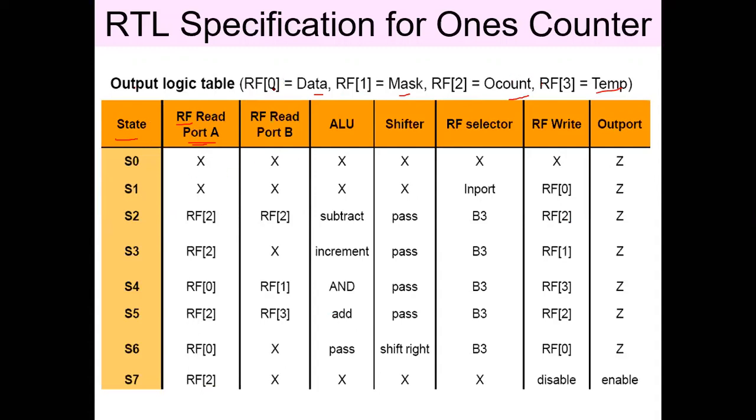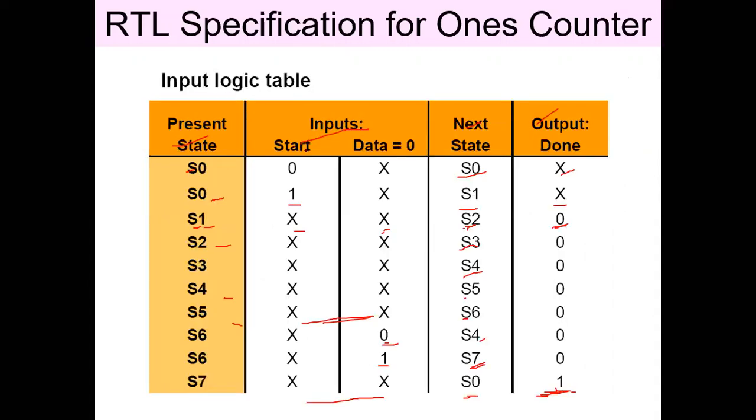So here we have to specify which register has to be read for port A and which register has to be read for port B. Then we have an ALU and a shifter.